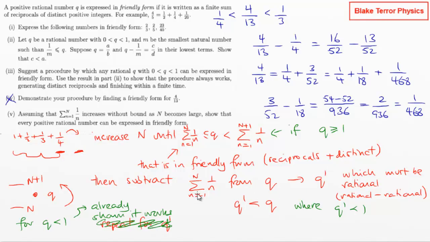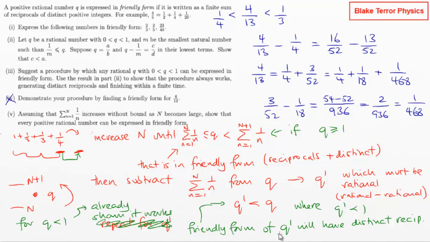The only thing we have to convince of is that we don't get a duplicate distinct value. So we can say here that the friendly form of Q dash, this is the bit I was getting at before: if we could have added on a fifth, then we would have done. So we can't end up duplicating that quarter. So the friendly form of Q prime will have distinct reciprocals, because if we could have added on, how do we actually put this into words?